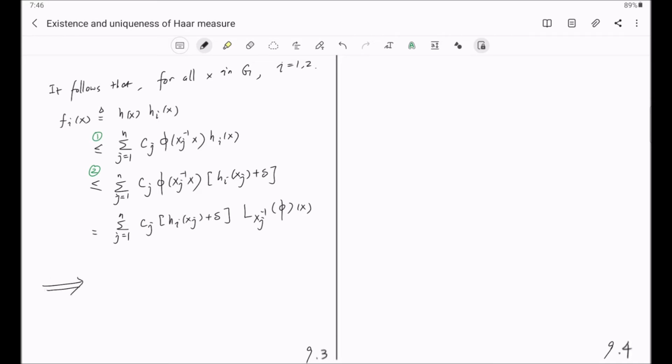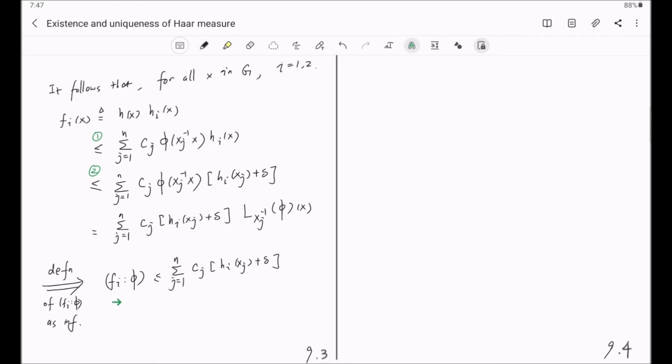This gives us that f_i column phi is less than or equal to the summation of all the coefficients. Remember, this quantity was defined as the infimum of all possible such sums of coefficients.